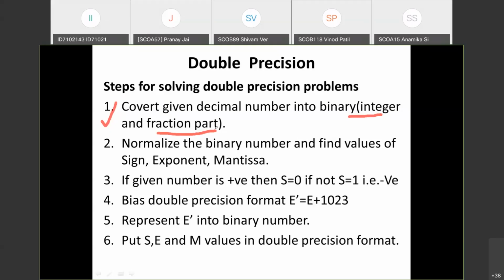That is the first step. After that, we have the given decimal number in binary, and we go to the second step.